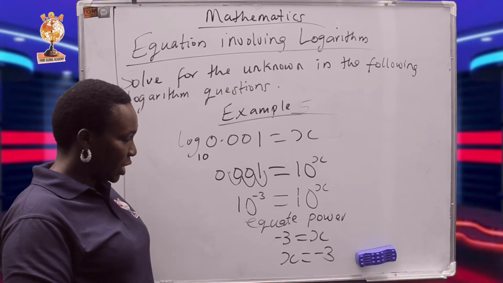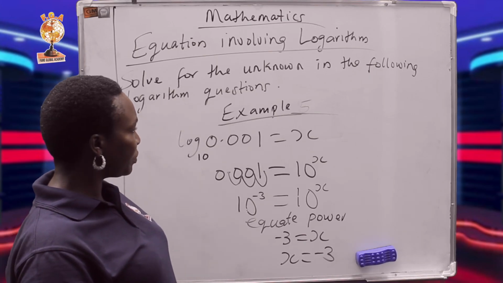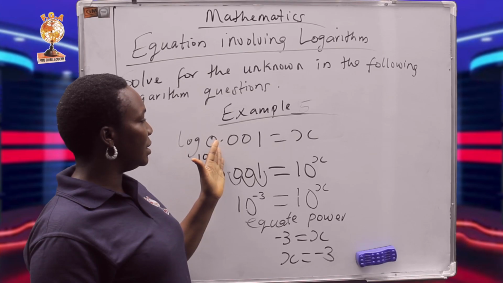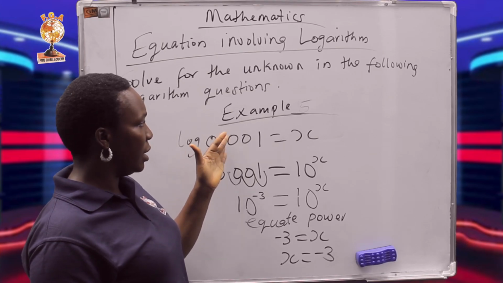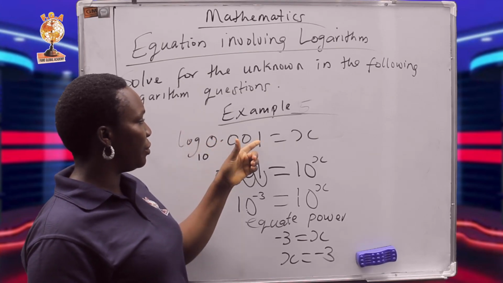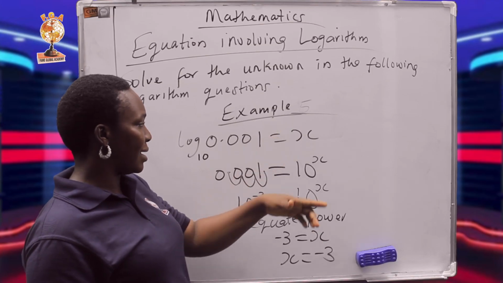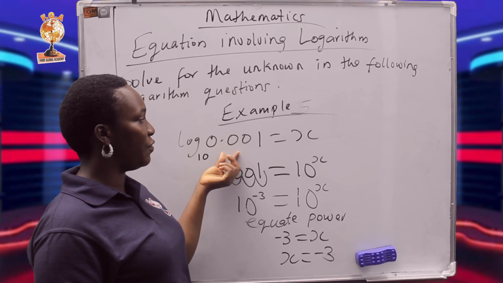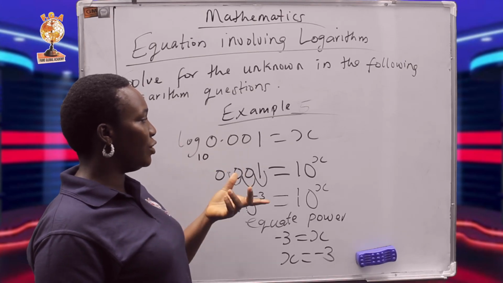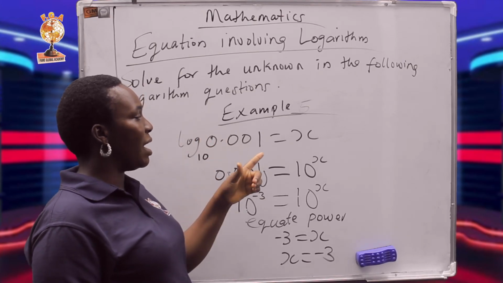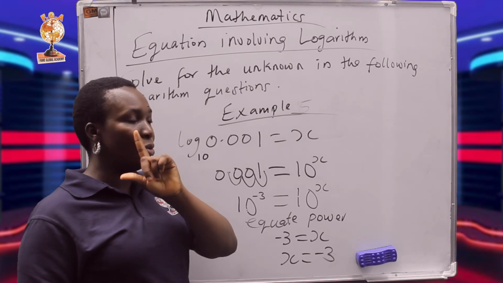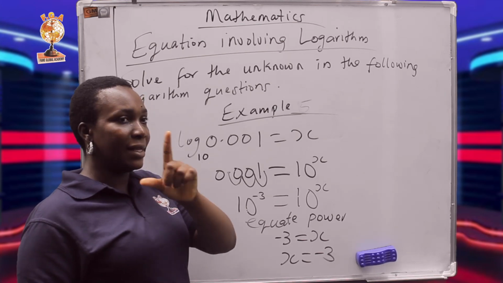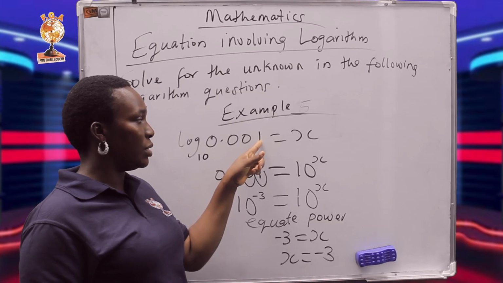All right, let's go through it one more time. Now this is a decimal number, okay? It said log 0.001 equals to what? X. This is a decimal number, so you have to write the standard form of this, okay? And how do you do that? You move your decimal point till you get a significant number, and that number is what? This one here.